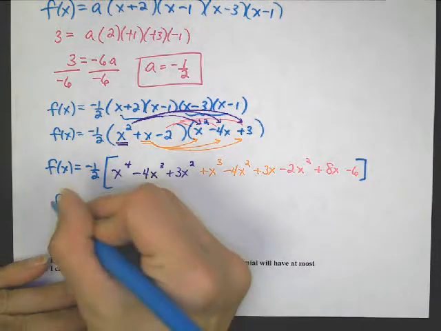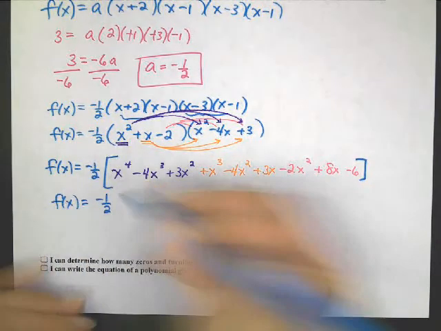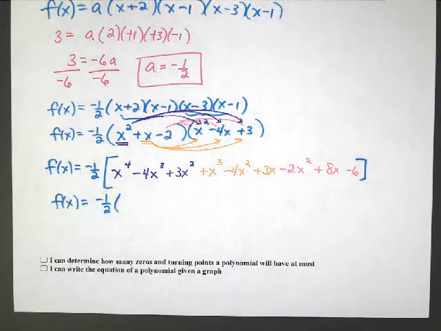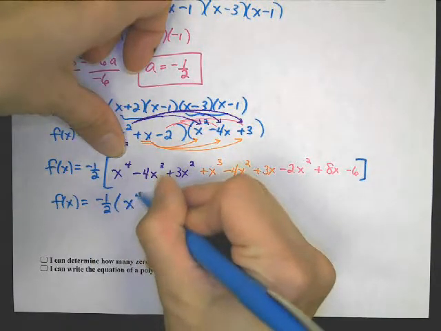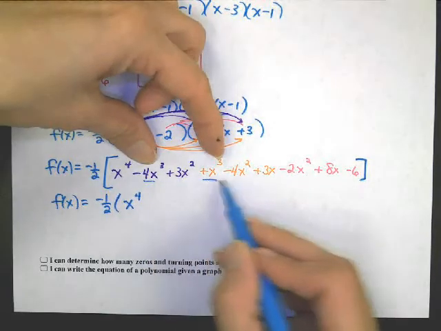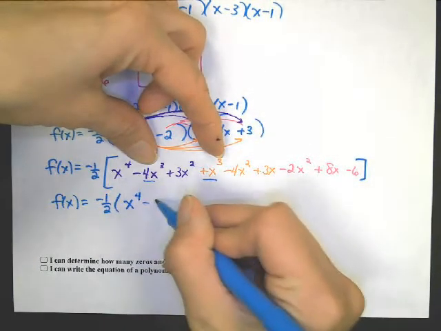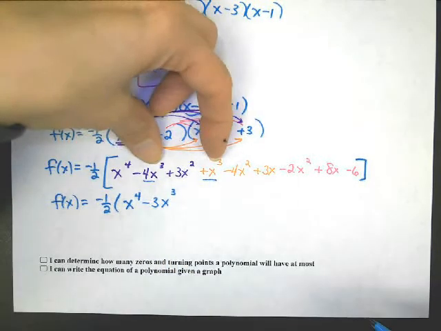Okay, let's add all our like terms. We'll take care of the 1/2 at the very end. I guess I could just switch to parentheses now. The highest degree is 4. I only see x to the 4th. Cubics, where are you? Here's 1, here's 1. That's it. Minus 3x cubed.